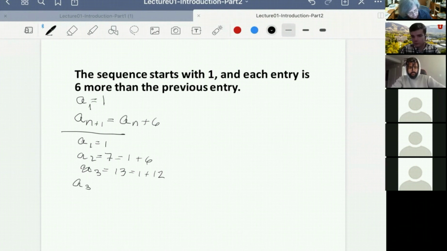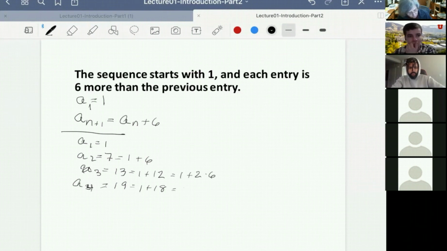A4 is equal to 19, which is equal to 1 plus 18. That's, by the way, 1 plus 2 times 6.